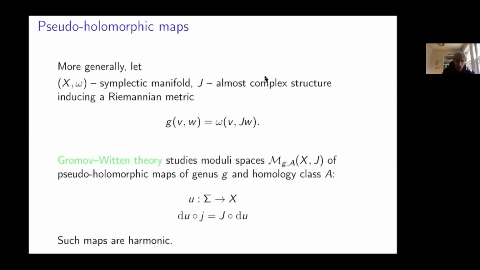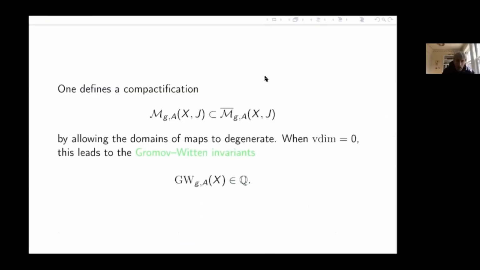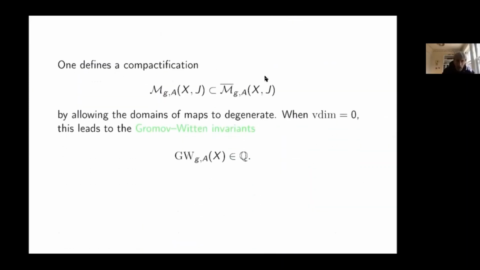One of the main results of Gromov-Witten theory is that there is a natural compactification of this moduli space, called the moduli space of stable maps, which I denote by M bar.